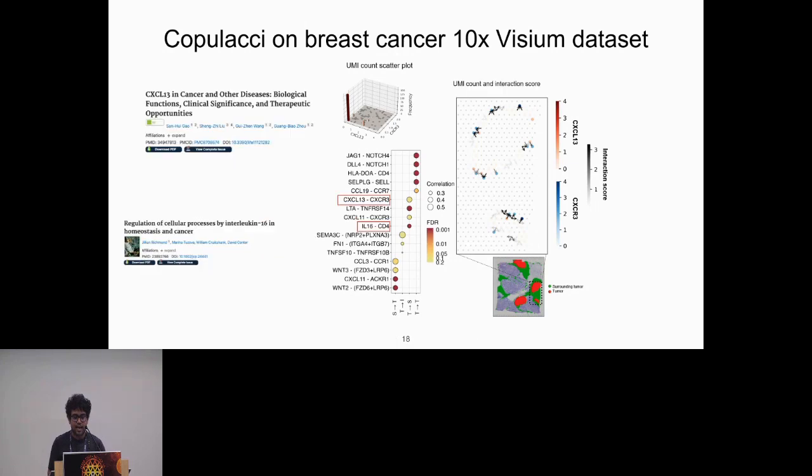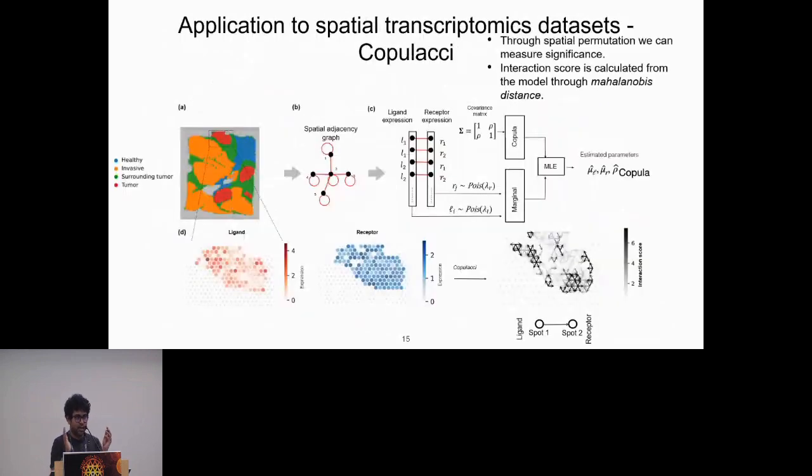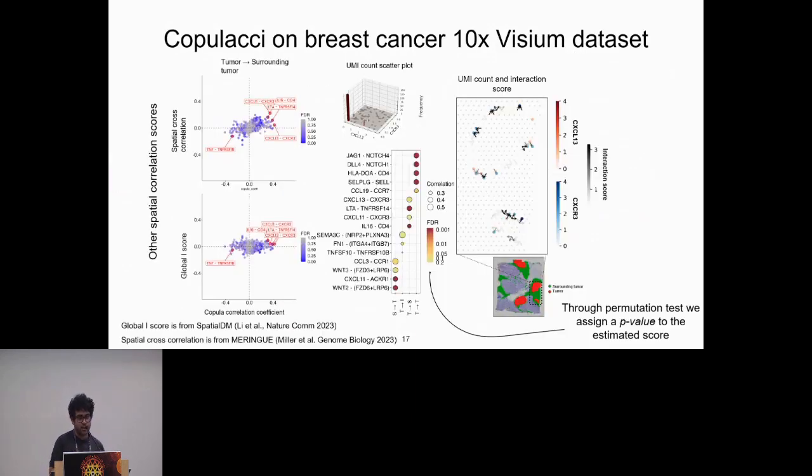In this case, I do it with Mahalanobis distance, which just measures whether the score is away from the mean. And we can highlight some regions in spatial spots.